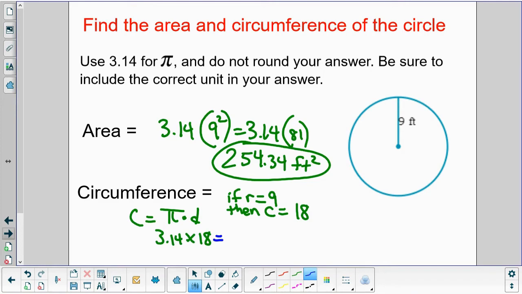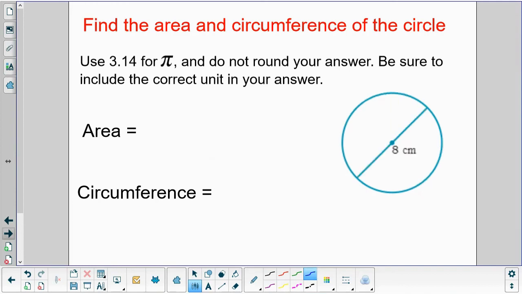Now I put C equals 18. That should be a D equals 18. That's the diameter. And then C is going to equal 56.52 feet. It's just feet because it's a distance across or around the outside edge of the circle.